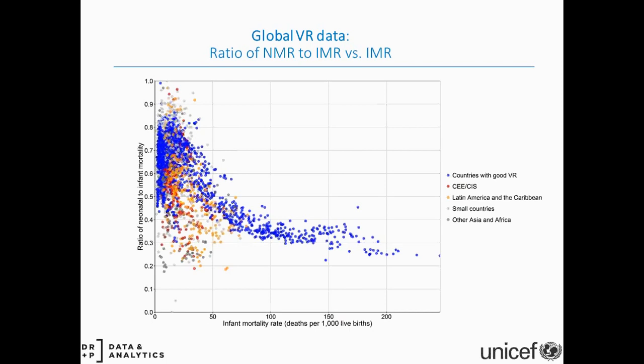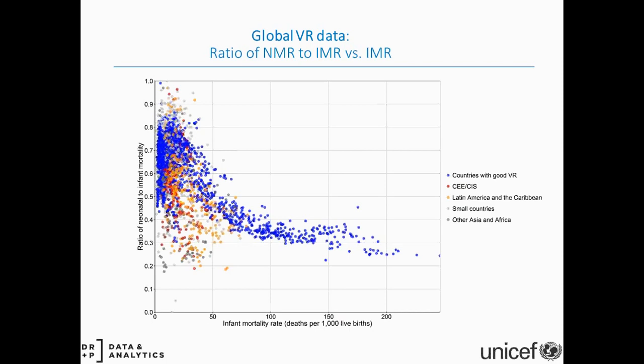The blue dots are for countries with functioning vital statistics systems, the red ones are the Central European countries, the orange ones are Latin American and Caribbean countries, the light gray are small countries, and dark gray are all the Asian and African countries. For those Asian and African countries, we do not have a lot of data.